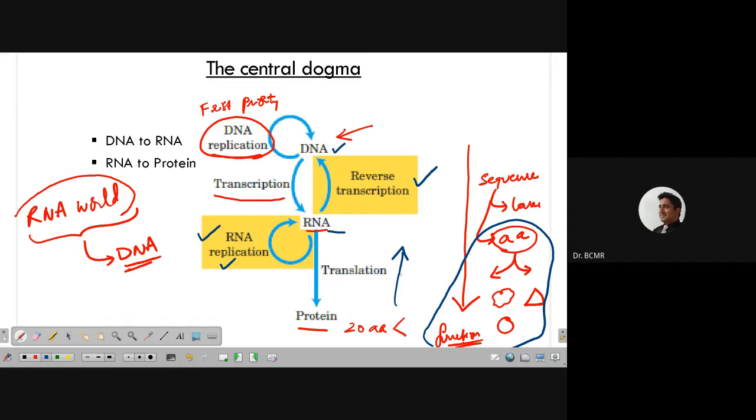Okay. You will also find some examples where proteins can be synthesized without RNA, and that is called non-ribosomal protein synthesis. You can Google it.